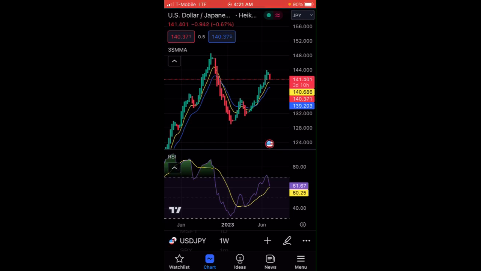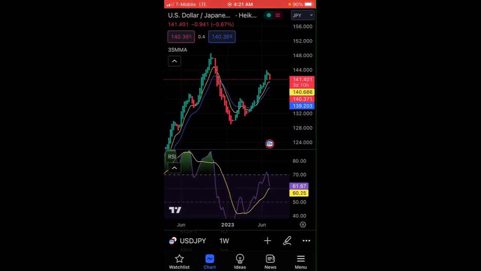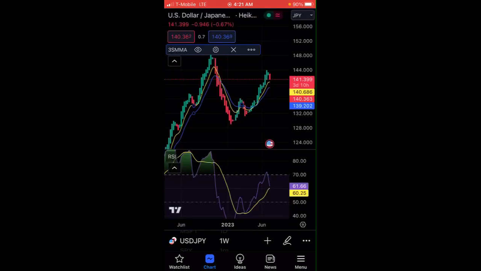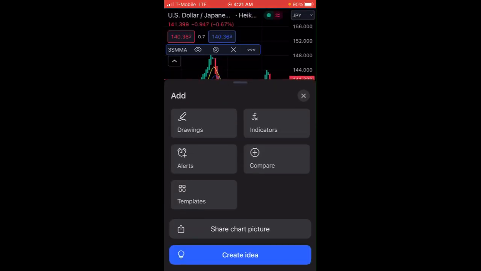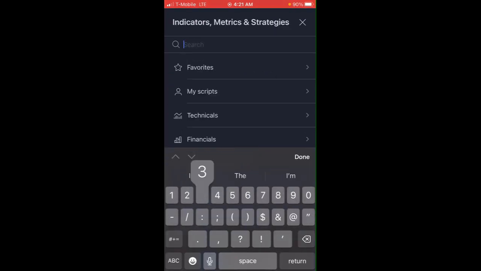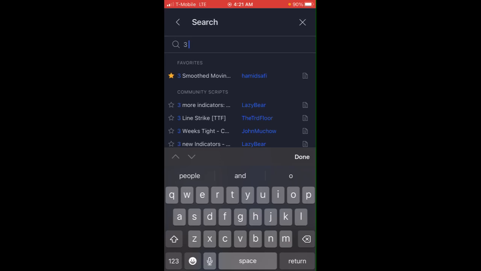So what you want to do is look for moments. Now, let me show you the EMAs that I use right here. If you guys haven't seen my other videos, I talk about this in almost every one of my trading videos, because I find this works really well. I go to indicators and look for the three smooth moving averages.